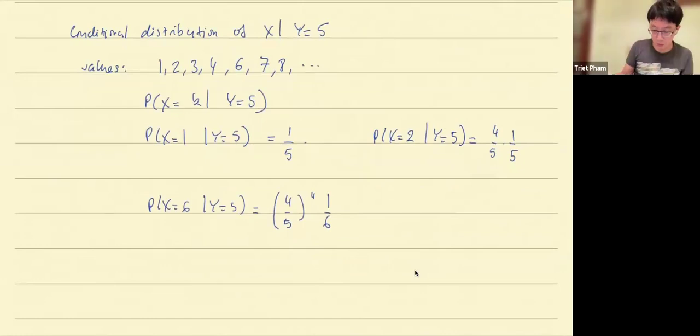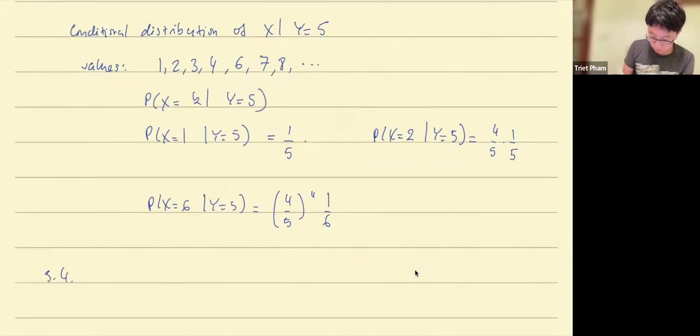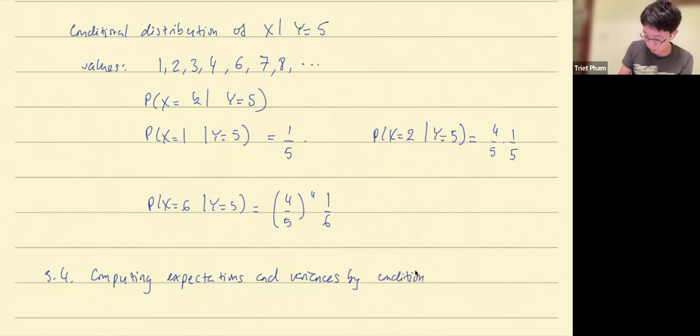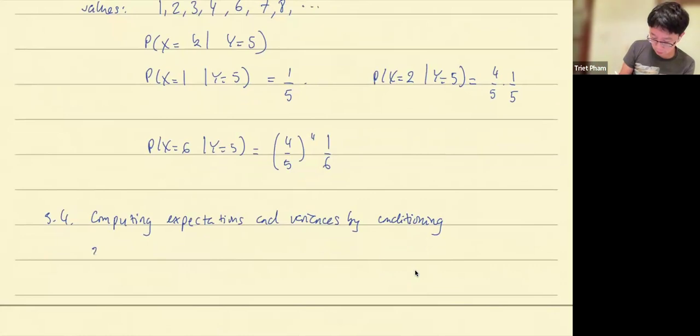We're just done with 3.3, right? So 3.4, computing expectations and variances by conditioning. That's 3.4.1, I suppose, which is computing expectations by conditioning.